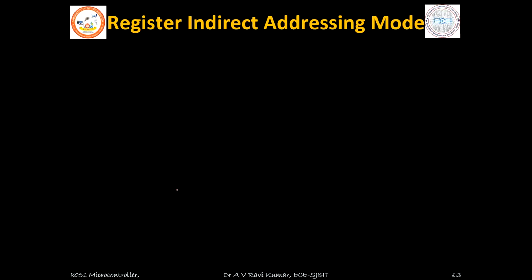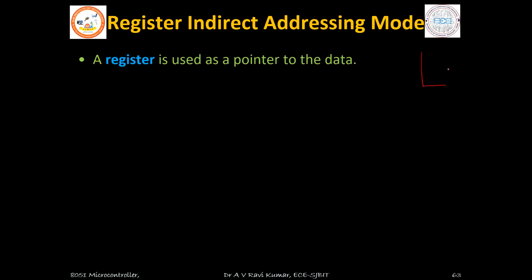Let me take the register indirect addressing mode next. In register indirect addressing mode, a register is used as a pointer to the data. So it is indirect addressing, and the register works as a pointer.